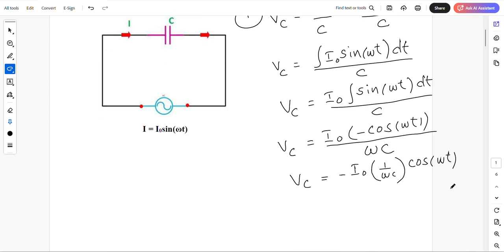Now this is voltage on the left hand side. Right hand side also should be voltage. So here I naught, and what should be this one?